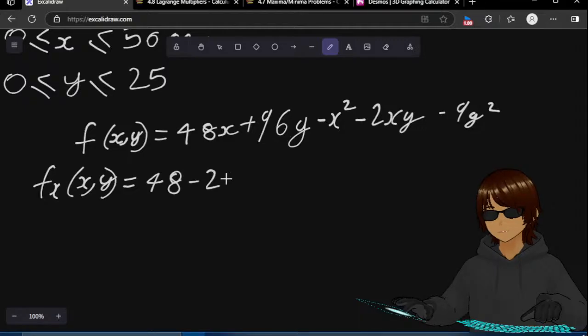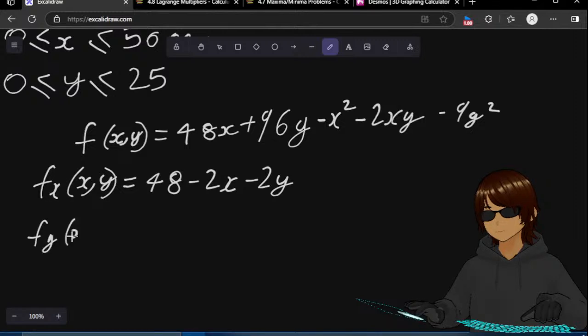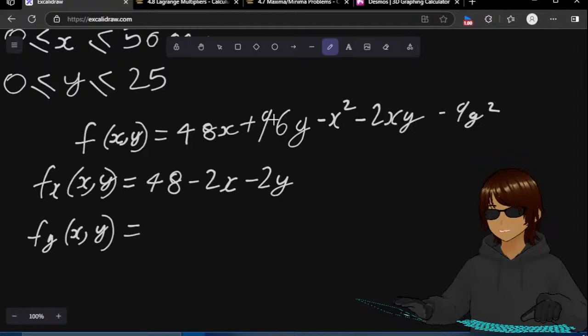With respect to x: 48, no, this is 0. This is minus 2y. This is minus 2x. Then with respect to y, this is 0, this is 96 minus 2x minus 18y.